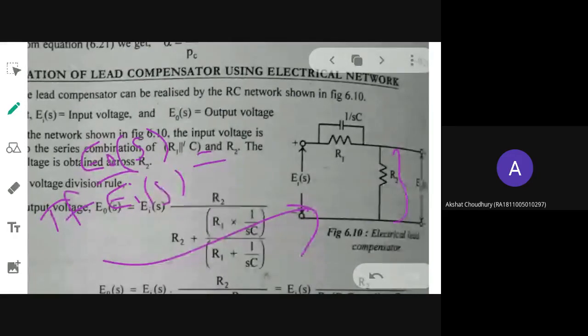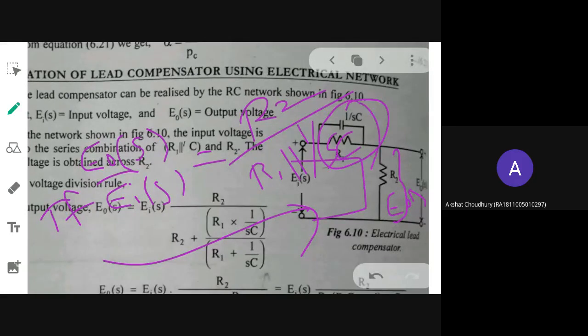Okay, across this you are having E naught of S. So R2 divided by... Now Ei of S is the voltage across the, both are connected in parallel, so the equivalent will be R1 parallel to 1 by C, that is in series with R2. So across this you are having Ei of S.